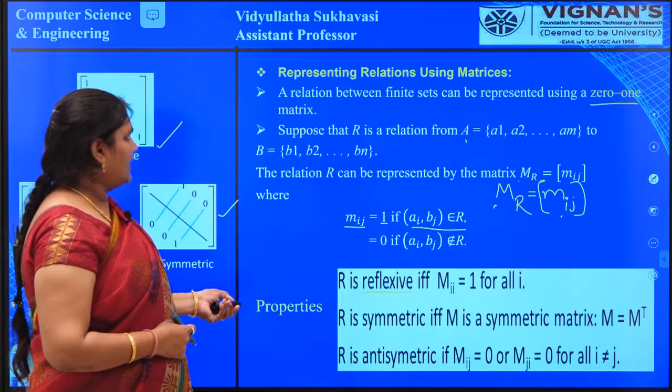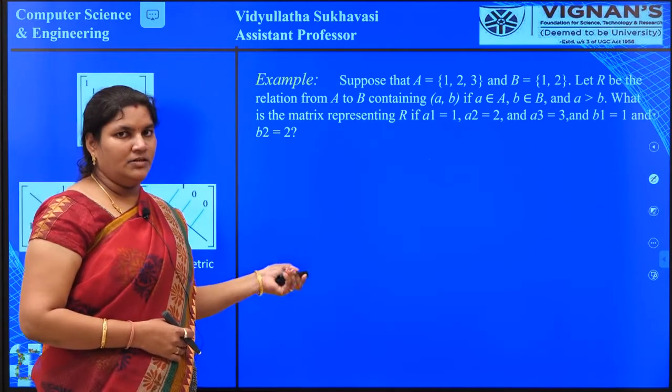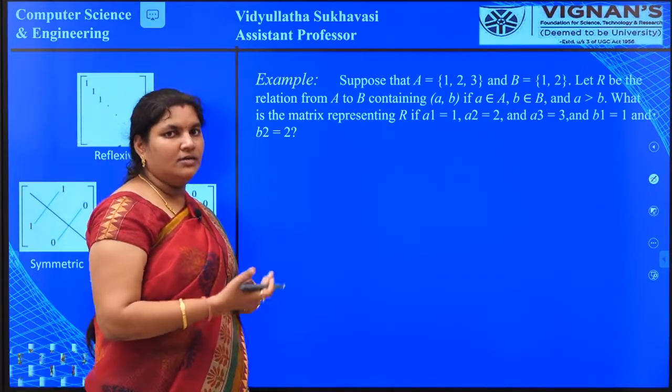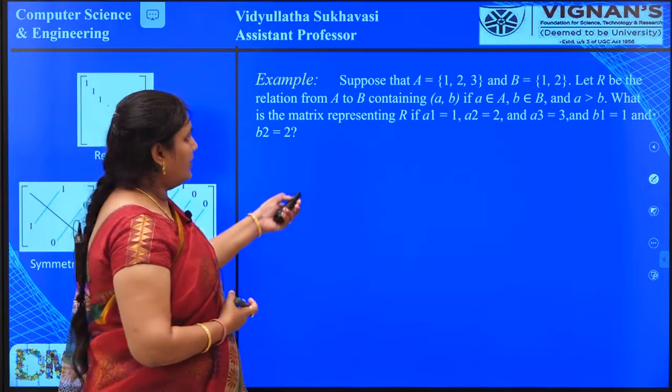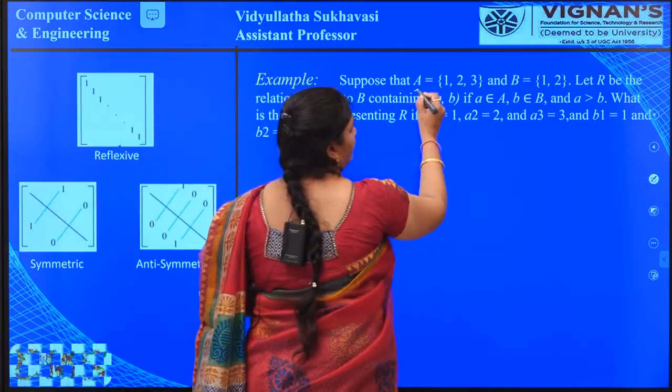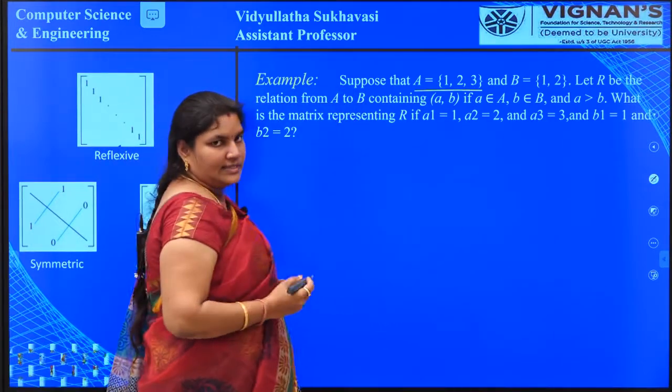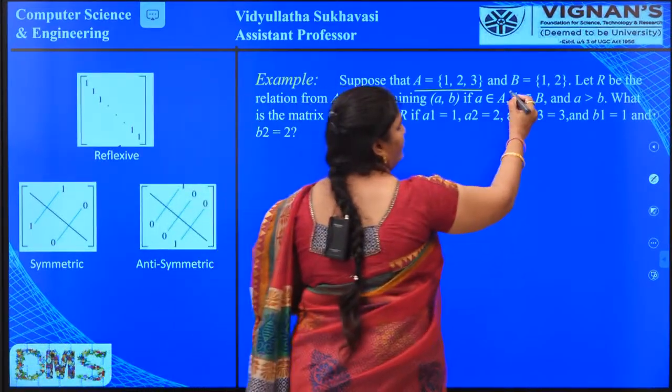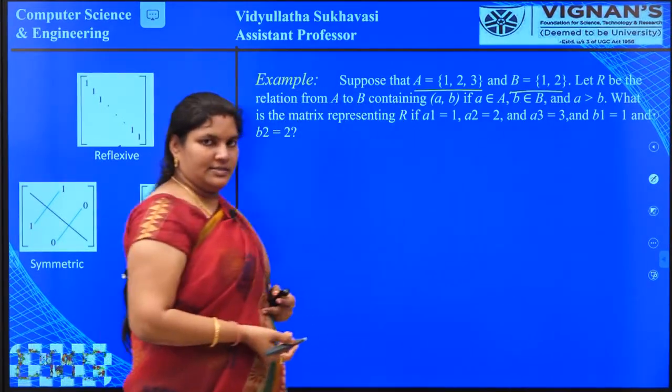Now see the example of how we are going to represent the matrices. Here they have mentioned A equal to {1, 2, 3} as one set and B equal to {1, 2} as another set.